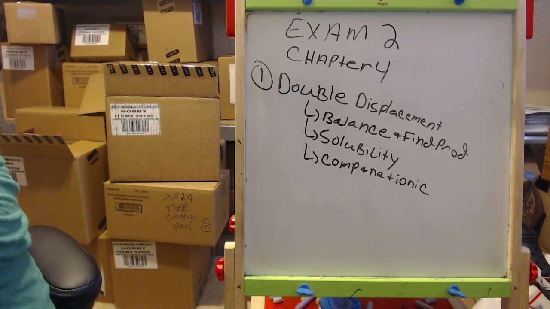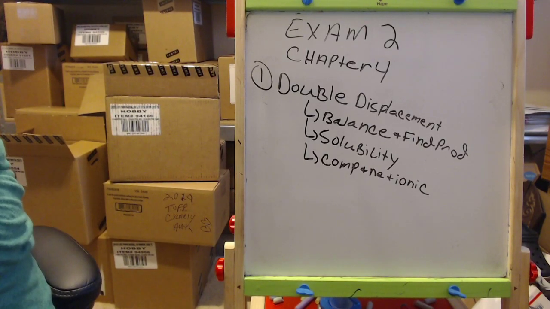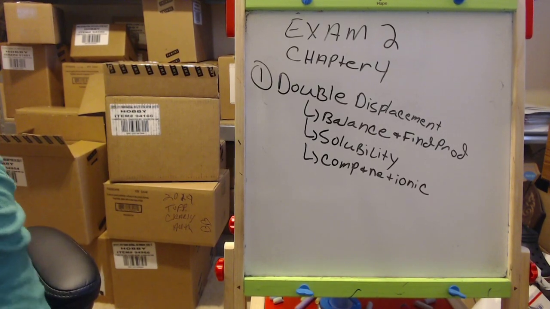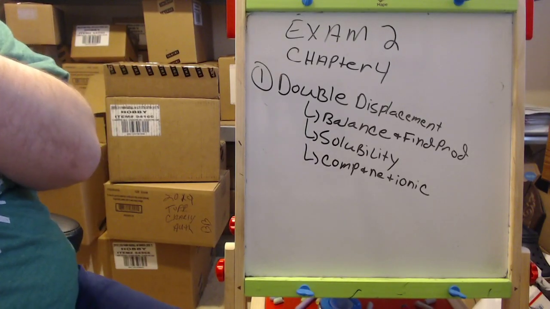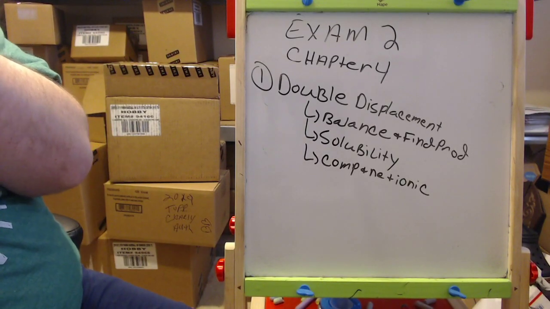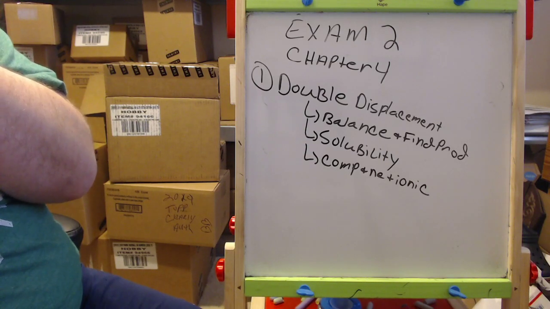Examples, 3.36 to 3.41, 3.43. Those are your examples of the empirical formula problems.